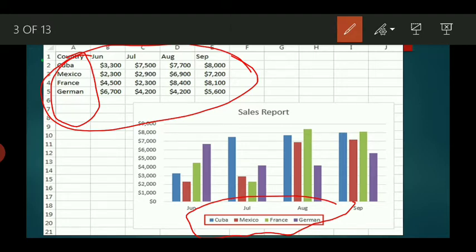It helps us to understand which particular country's sales is more than the others in the months of June, July, August and September. So the legend is very important, and it can be placed at the bottom, on the right hand side, or at the top also. Anywhere you can put the legends.